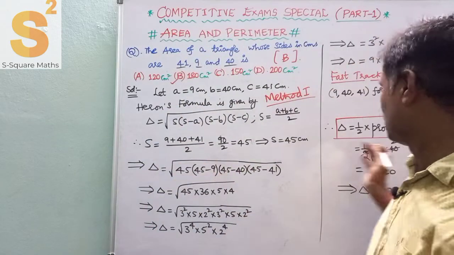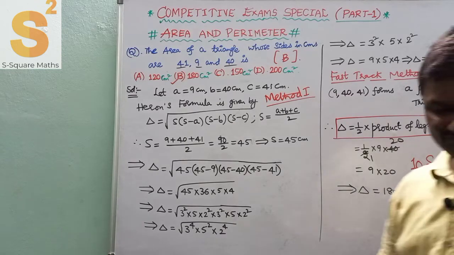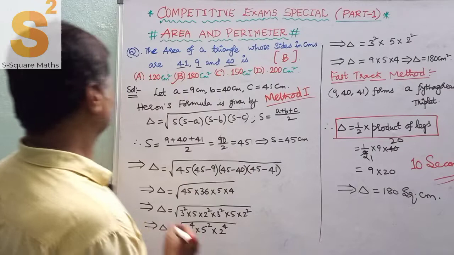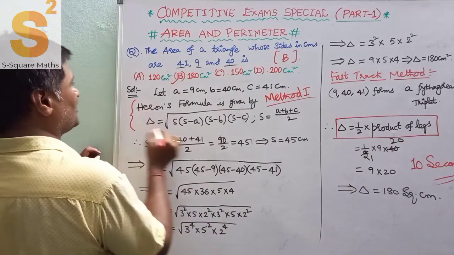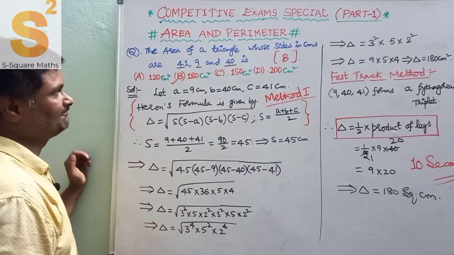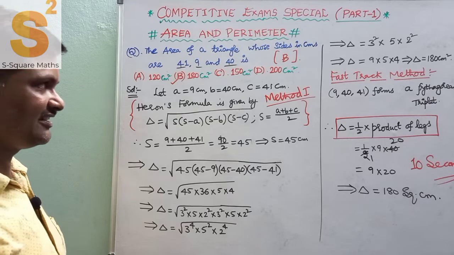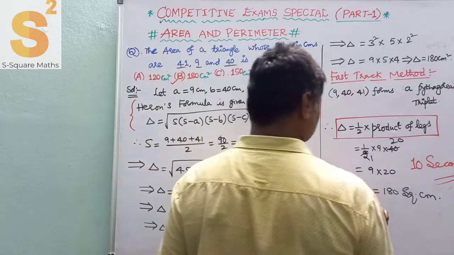So B option, 180 square centimeters, is the area of the triangle.